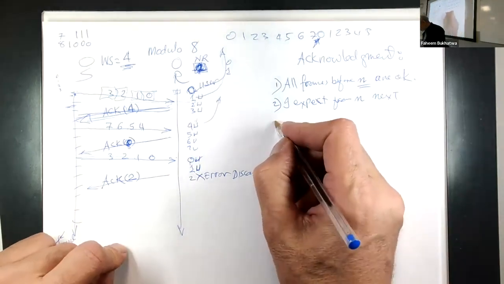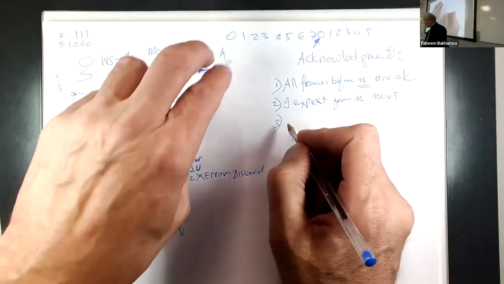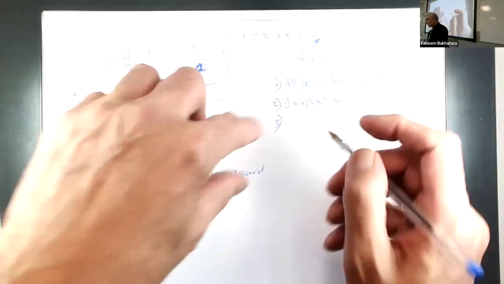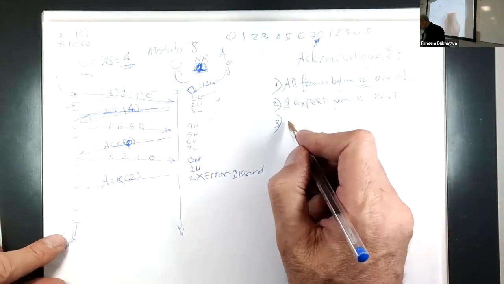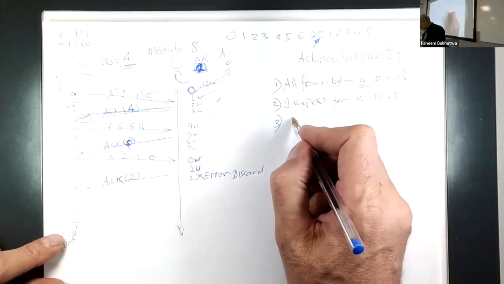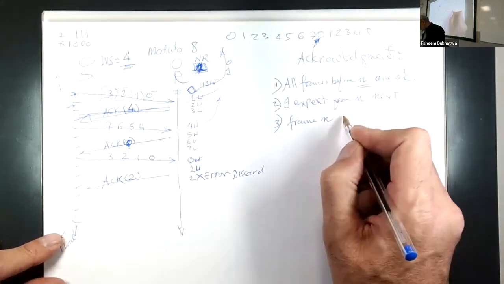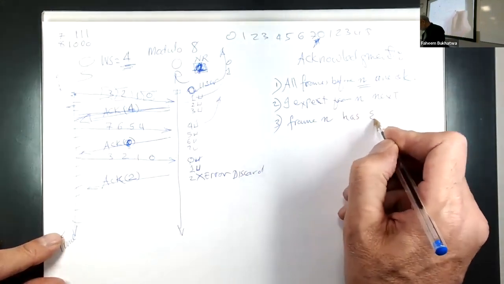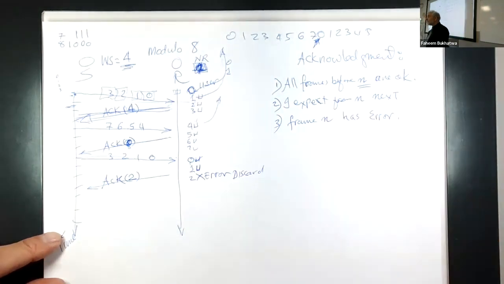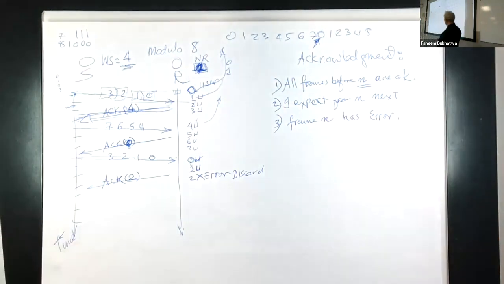Now, it could mean something else as well as those 2. It does not disagree with those 2 statements, but say maybe this frame number n has an error. So anytime you get an acknowledgement, it acknowledges everything before number 2 in this case.